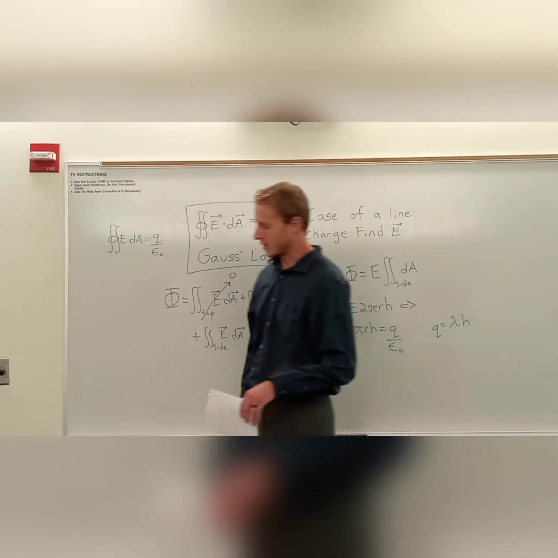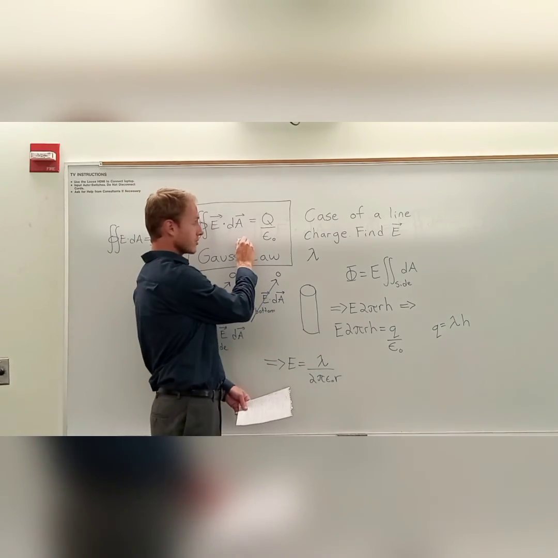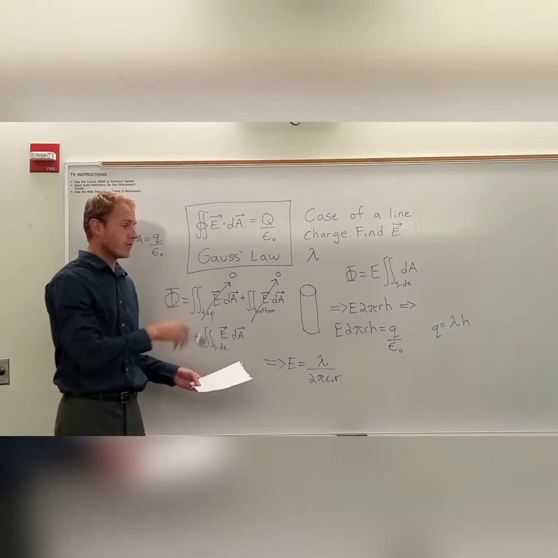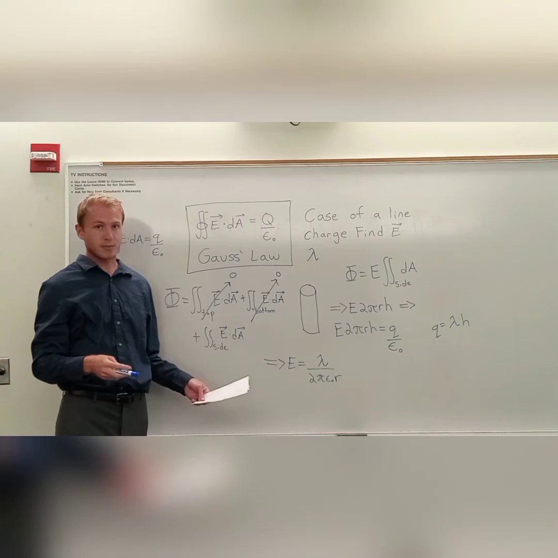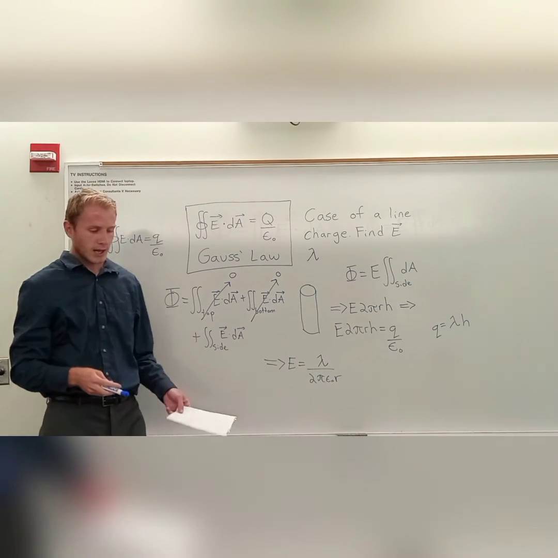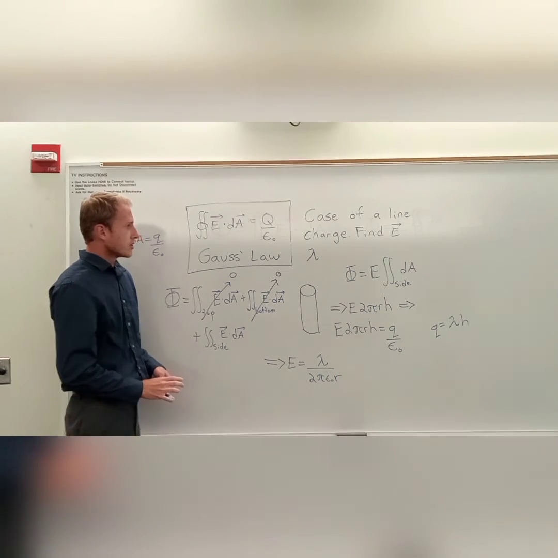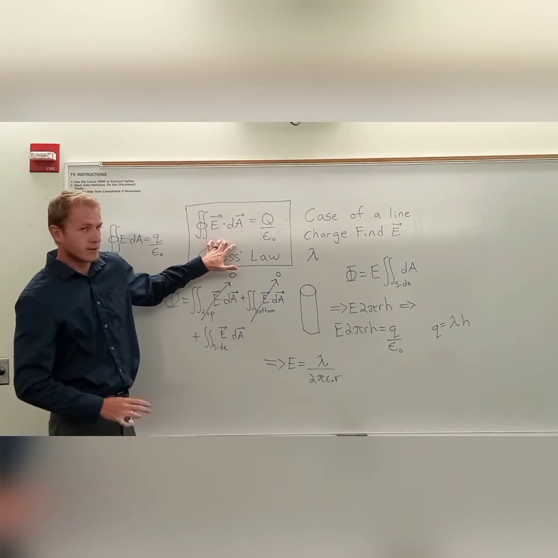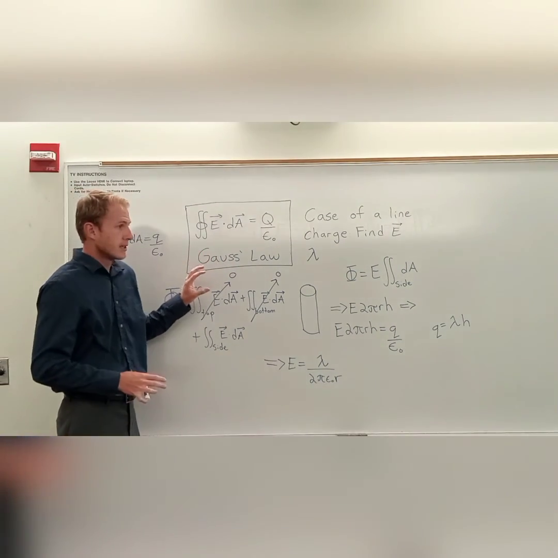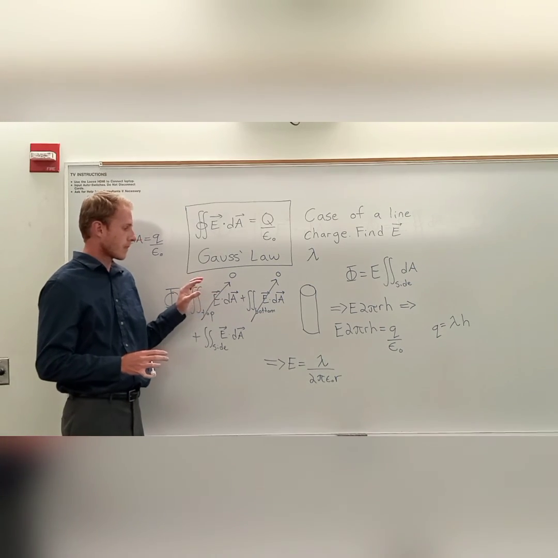Theories are proven as well, obviously, but this has been around for centuries, and people have tested it with various experiments, and it's been tested to a great amount of precision as well. So this is one of the fundamental expressions in electromagnetism.